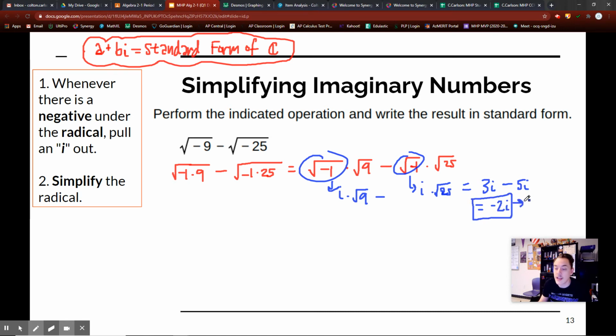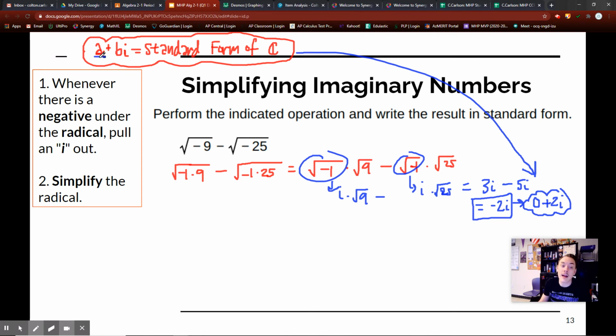If you wanted to put it in standard form, there is no real number besides 0, so 0 plus -2i. That's technically how you would write it in standard form.